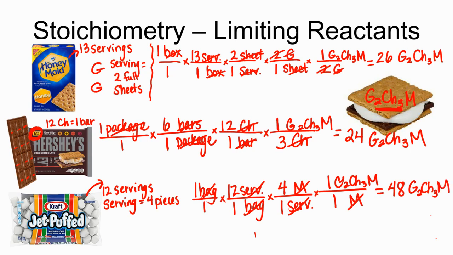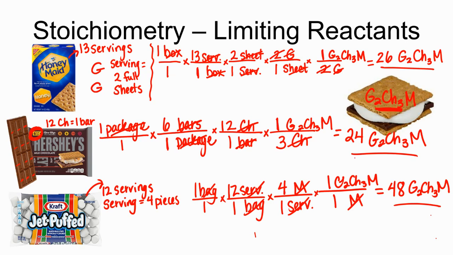Now, in a limiting reactant problem, we can only make as much s'more as the limiting reactant allows us to make. So the point is, when we're analyzing this, we ask ourselves, can we make 26 s'mores? Can we make 24 s'mores? Can we make 48 s'mores?